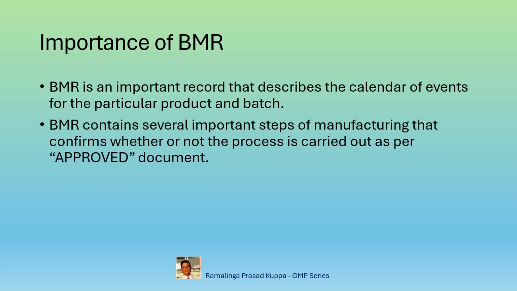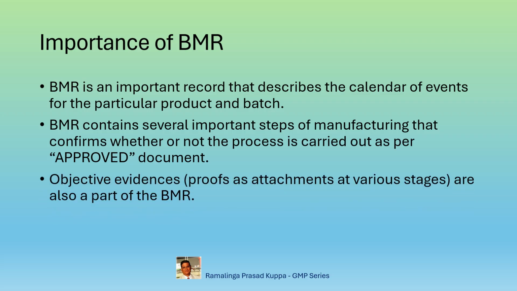BMR contains several important steps of manufacturing that confirm whether or not the process is carried out as per the approved document. So BMR is an approved document with approved content, which should be followed fully without any slips.